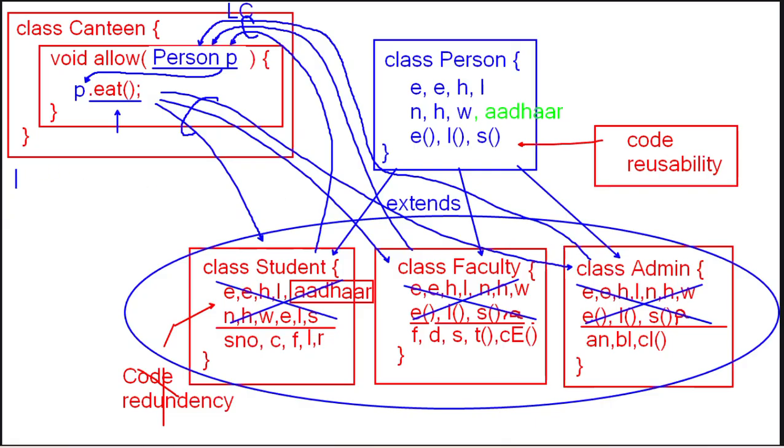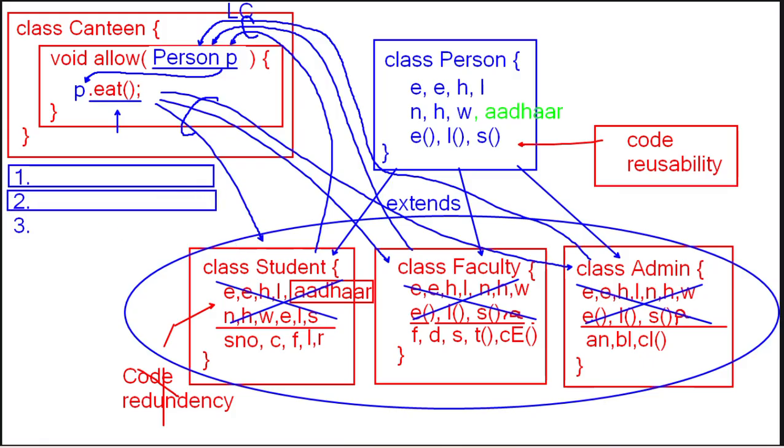Understand? So tell me, what are the problems if you don't develop inheritance between the same type of objects? We have three problems. Number one, code redundancy. Number two, loose coupling. Number three, static binding. Code redundancy means I have to repeat the same variable again and again in every class, in every subclass.